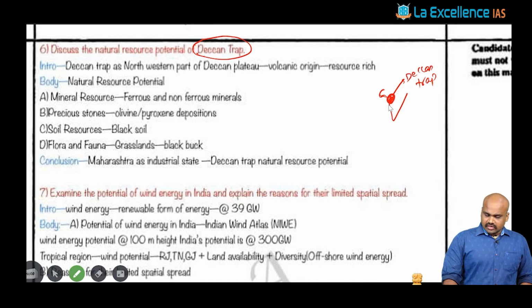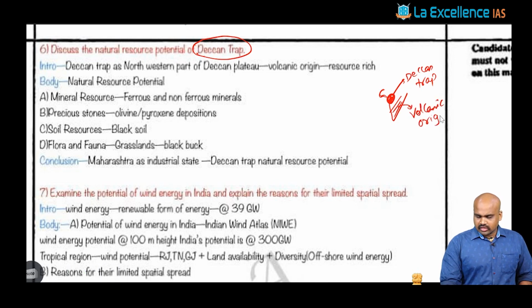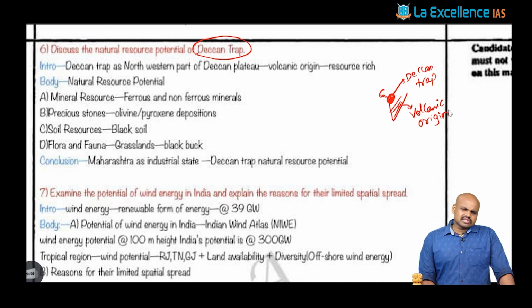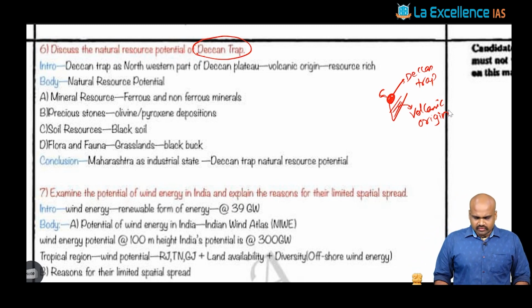And you know that fundamentally the peninsular region is of volcanic origin. And when you look at the physiography of India, you would have studied how this volcanic origin has arisen, right?